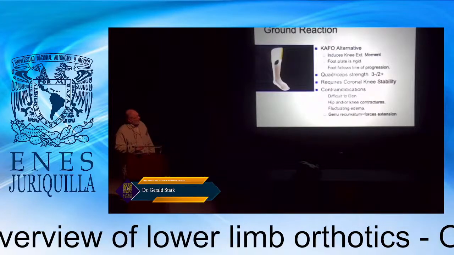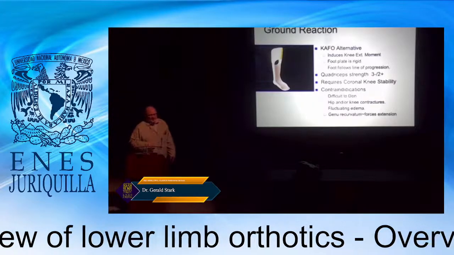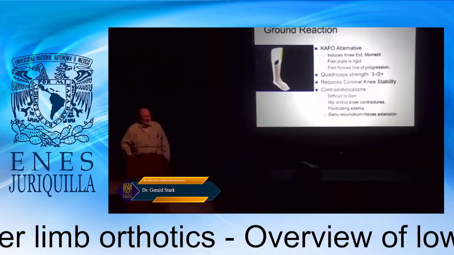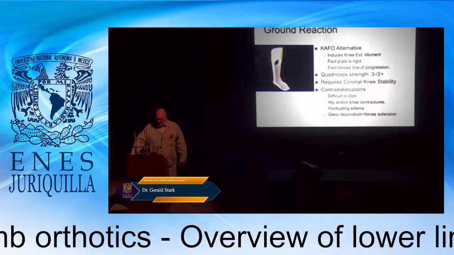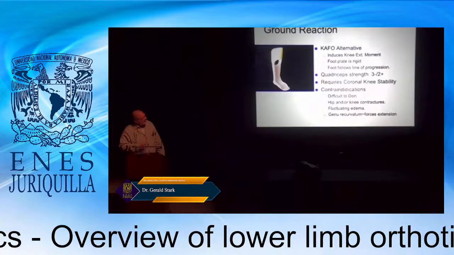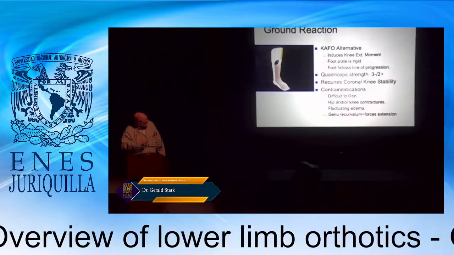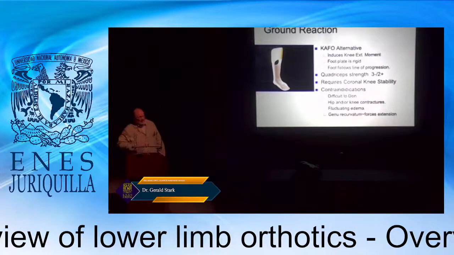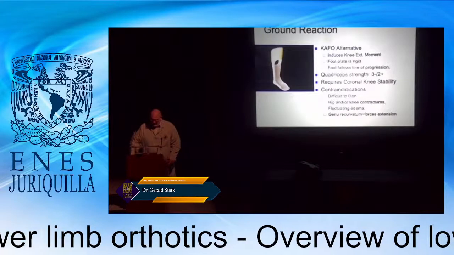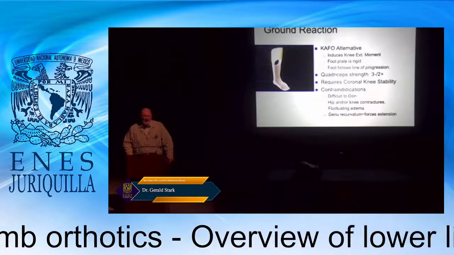It's usually for people with quadriceps 3 to 2 plus, and the reason is if they're weaker, it'll force their knee into recurvatum, into extreme hyperextension. Sometimes though, it's difficult to don because you have to slip your toes through the front part and then put it into position. So you have to work with the patient in terms of how they don that orthosis.